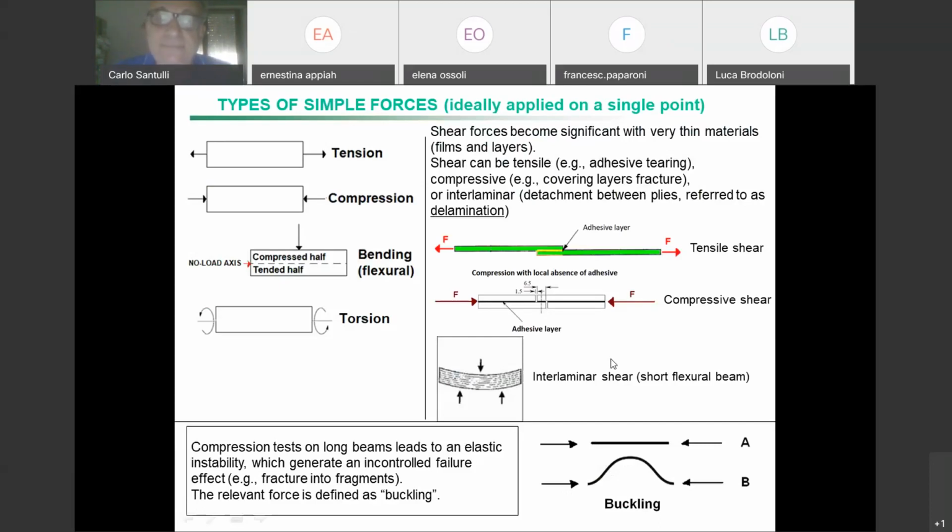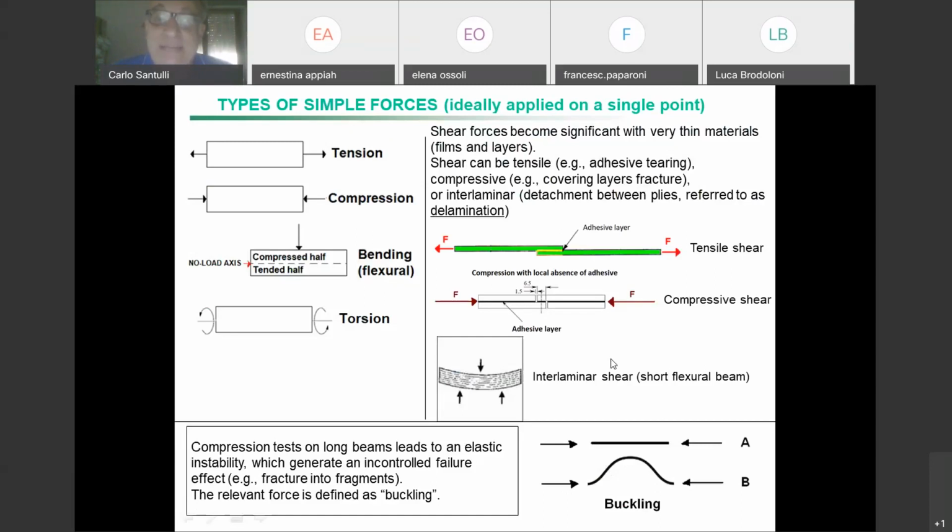This is not to be confused with impact. We are going to deal with impact as well, but impact is some weight falling on it. Compression is a weight pressing on it. It's different. Impact is dynamic. Compression is static. It squeezes.